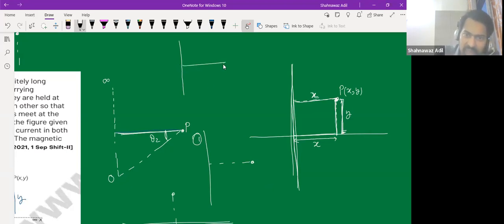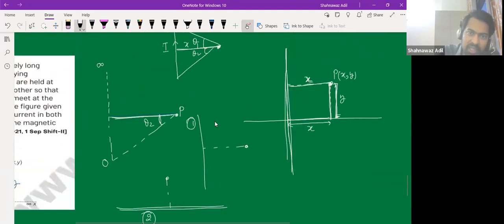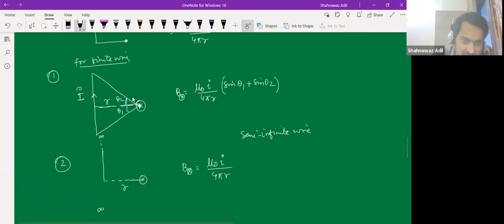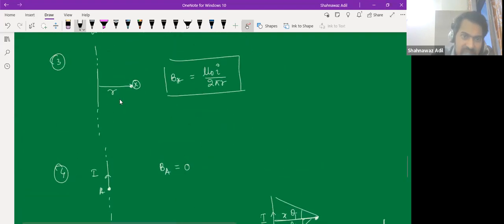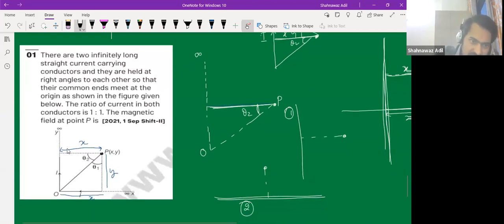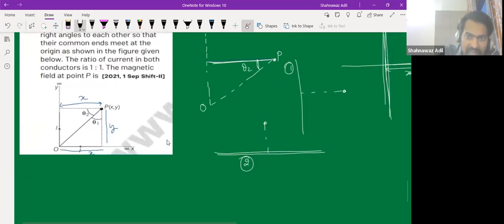So we have this wire, we have these two angles, theta 2 and let's say theta 1, and this is the point that we are calculating. We already know that this distance is x, and the current flowing is capital I. If we apply the finite wire formula, what would be the second angle for this infinite part? 90 degree, right?